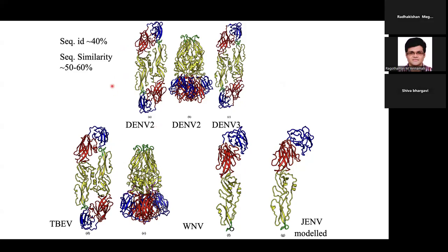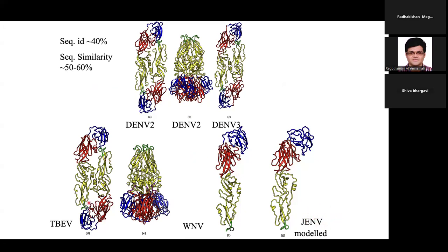And then, since this dengue virus belongs to the family of flavivirus, there are other flavivirus which are also pathogenic to humans. For example, tick borne encephalitis virus, TBEV, West Nile virus, which is WNV, and Japanese encephalitis virus, JEV.